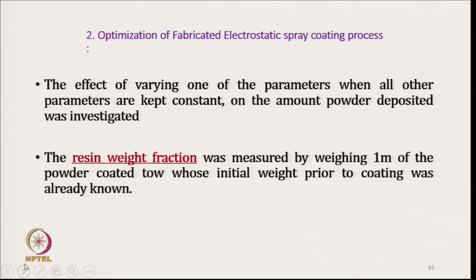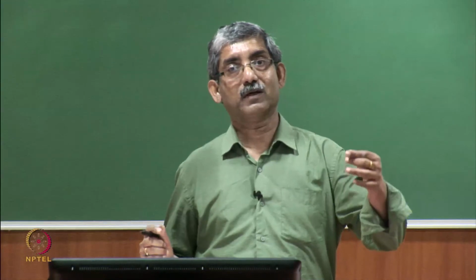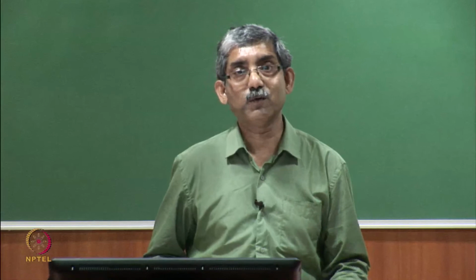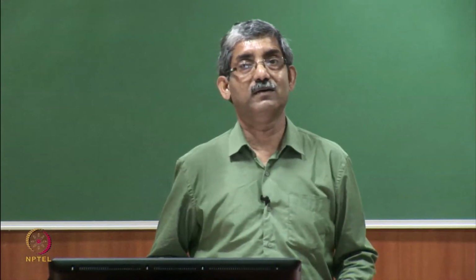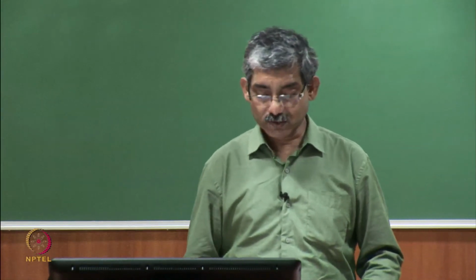That is called resin weight fraction, and this is done by measuring the weight of the carbon toe before deposition and after deposition. That gives us the indication of the resin weight fraction.